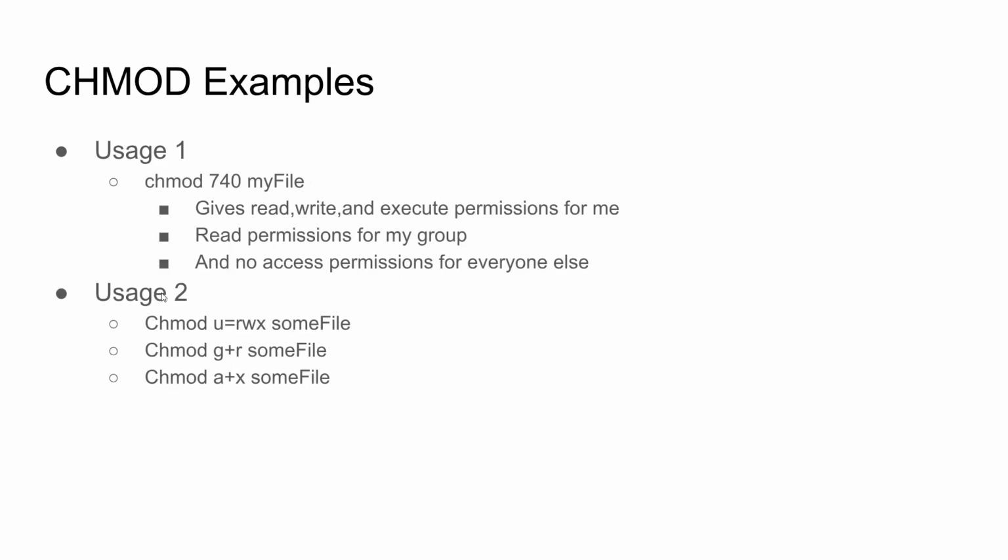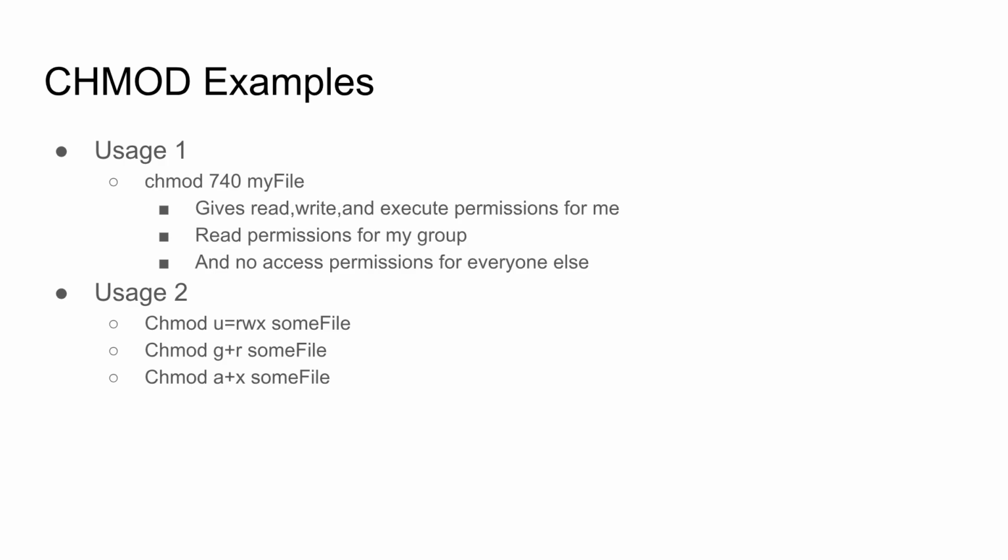So if you look over here, we could say chmod u equals rwx on some file. So on that file, I now have read, write, and execute permissions. chmod g plus r some file is going to give everybody in my user group read permissions in addition to whatever permissions they already had.